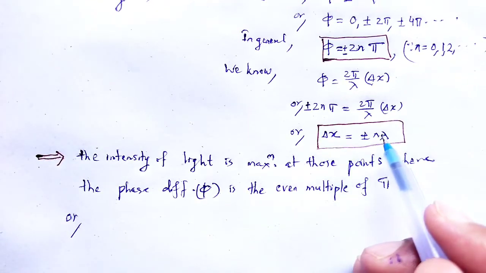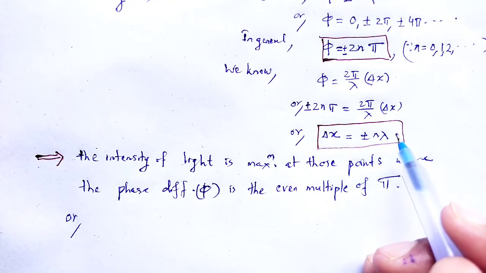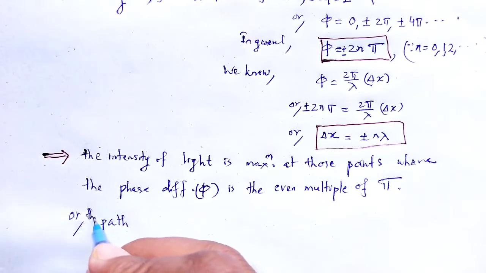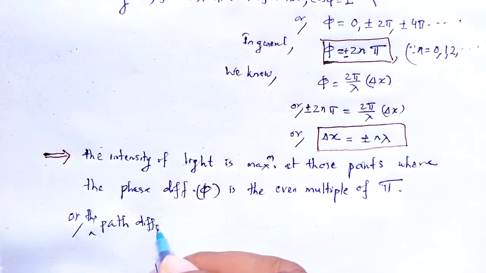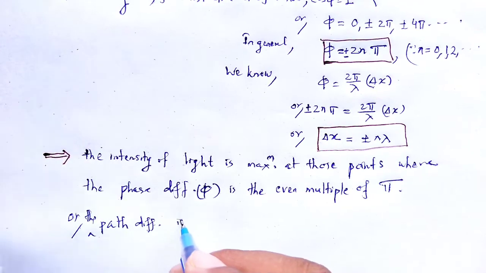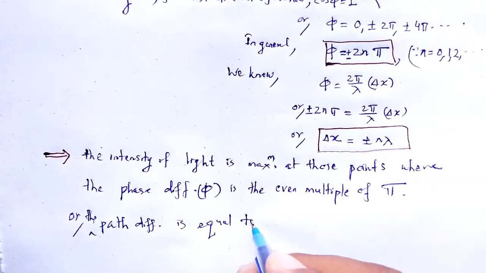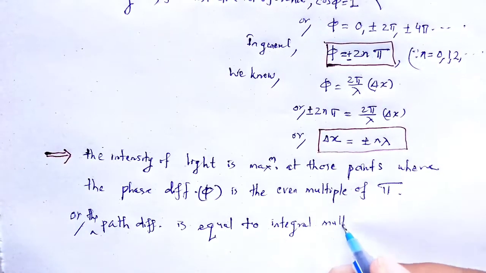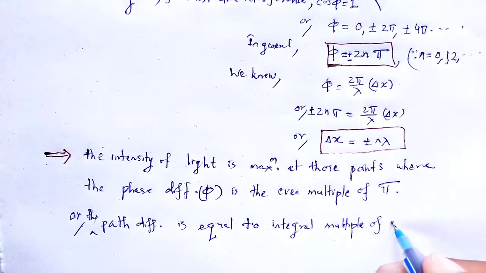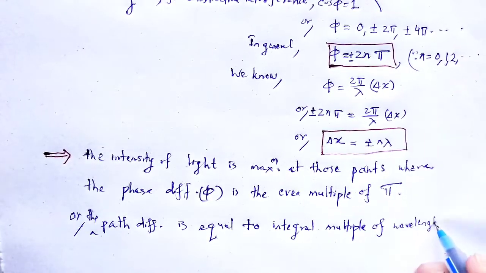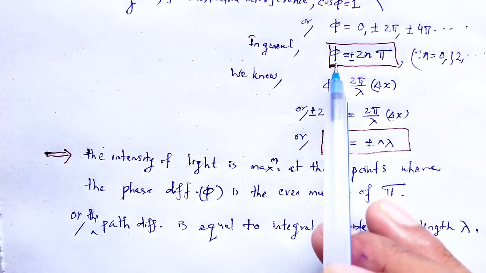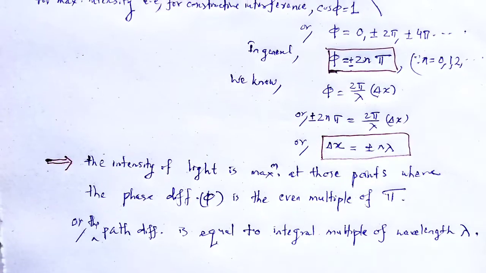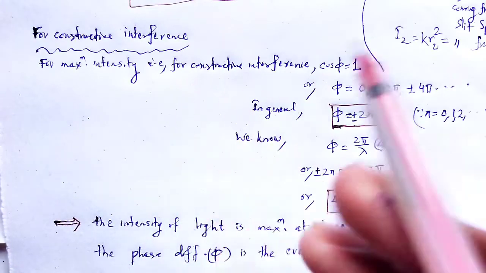the path difference is equal to the integral multiple of wavelength λ. Either the phase difference is an even multiple of π, or the path difference is an integral multiple of λ, then we get constructive interference.